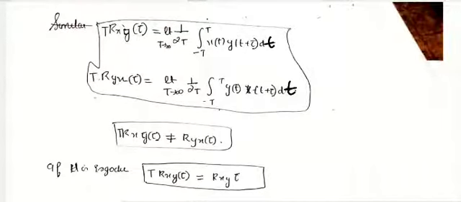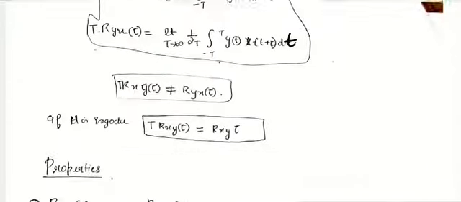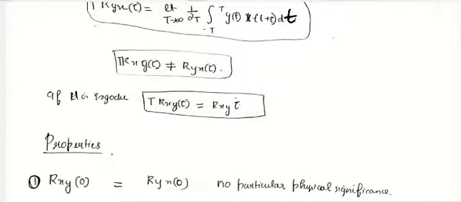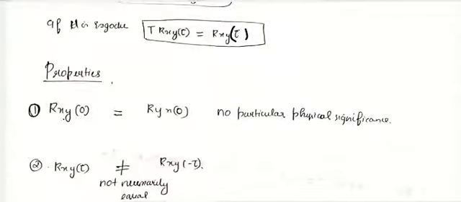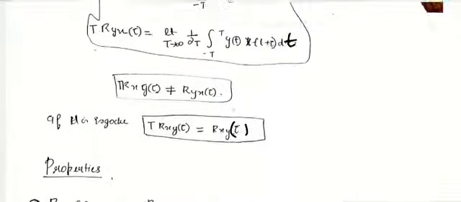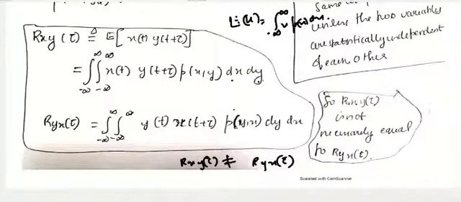Time autocorrelation function and ensemble cross correlation, and our properties are r x y of 0 equal to r y x of 0, with no particular physical significance.